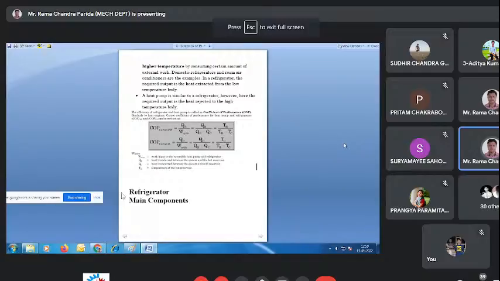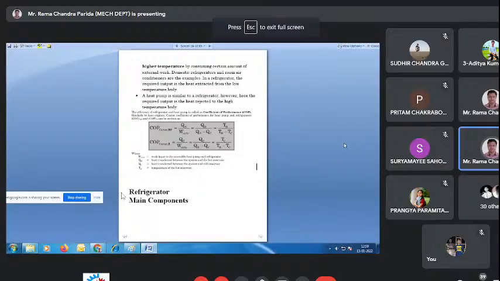Who can tell what are the main parts written here? Who can read loudly all the main parts? Read it. Compressor, condenser, expansion valve, evaporator.